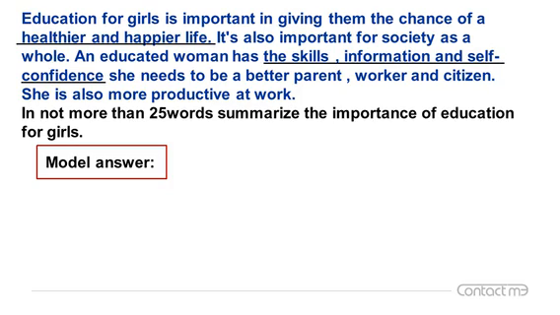Look at the passage. Here we have education gives girls the chance of a healthier and happier life. This is a key sentence. Educated woman has skills, information, and self-confidence.